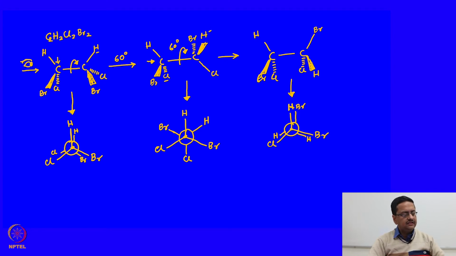But what we see in this particular molecule is that both the carbon atoms are chiral, because you have 4 different groups attached to both the carbon atoms. So, for this chiral compound we should be able to draw a Fischer projection.